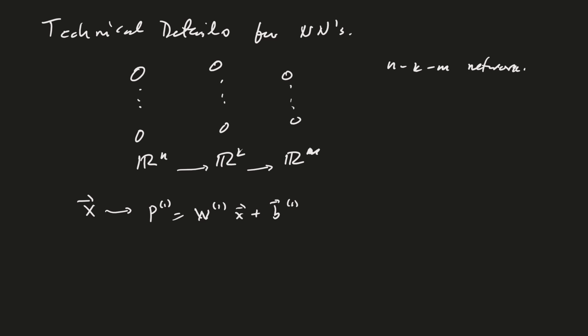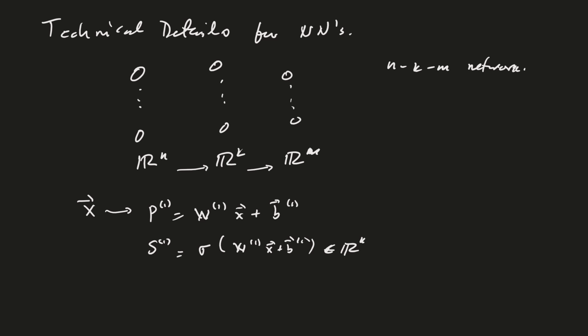And then the key part to make it nonlinear is the state value, which is applying the activation function to that. You can think of this as a vector in Rk, right?